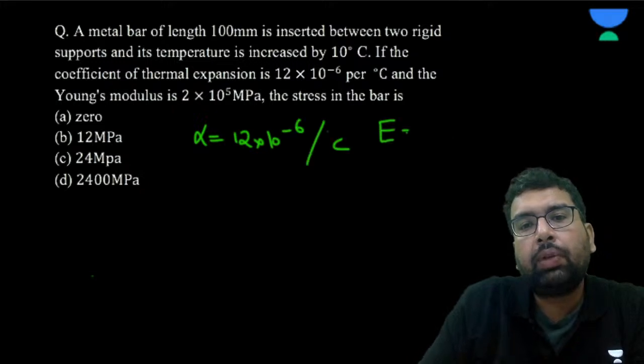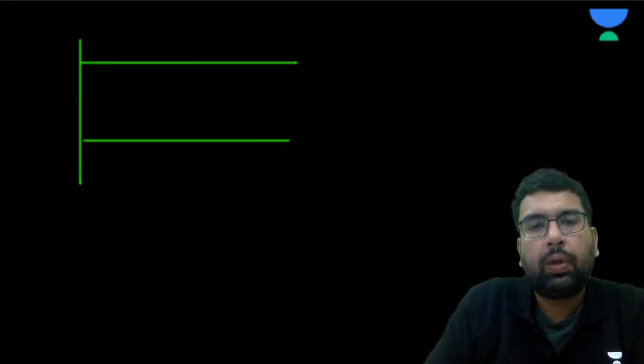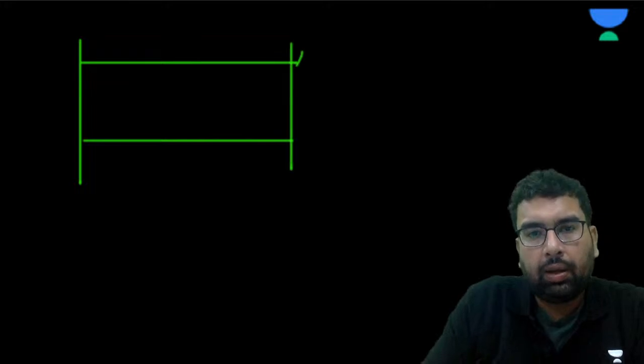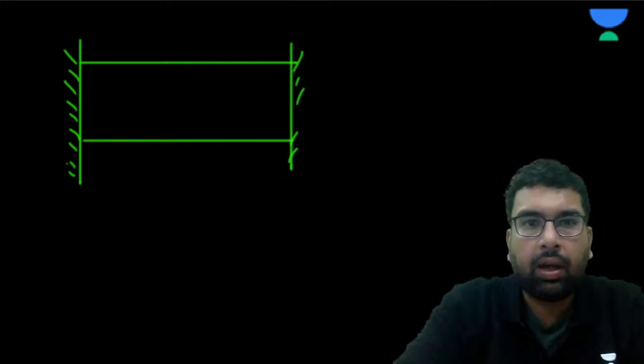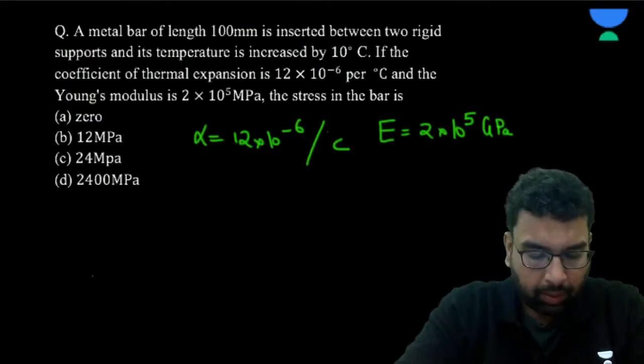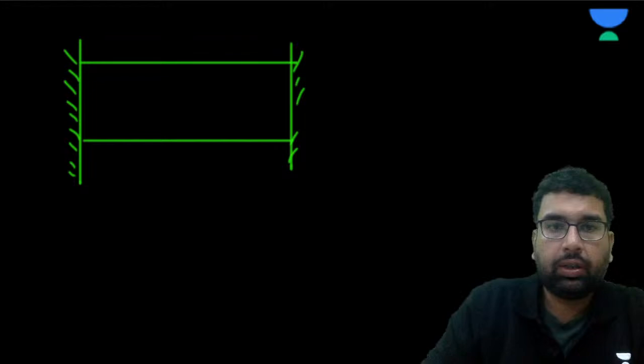Young's modulus is given as 2 into 10 to the power 5 GPa. So we are having a bar inserted inside two rigid supports, and the temperature is increased by 10 degrees.